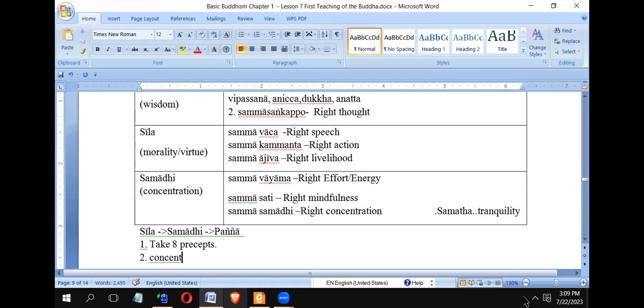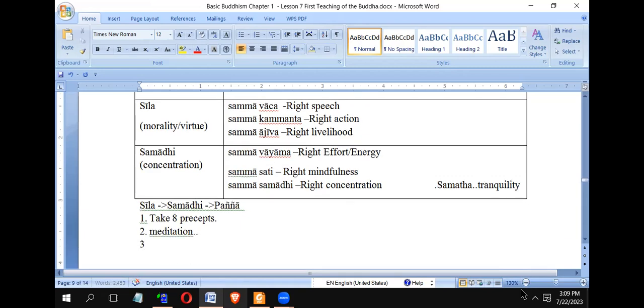They start to meditate on any object. After their meditation becomes quite successful, then they can get some wisdom. So according to this, Sila is taking precepts. Samadhi is when meditating, you need to calm the mind.